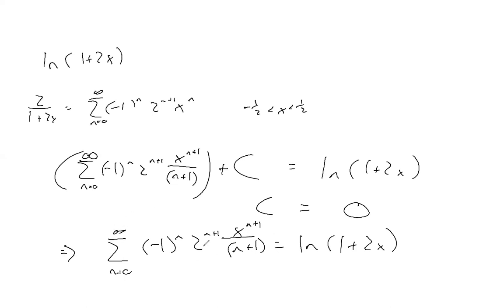Now, what is the radius of convergence, interval of convergence for this new power series? Well, I know the radius of convergence should be the same as the radius of convergence for this. The radius of convergence for this power series is 1/2. So the radius for my new power series is also 1/2. What's the interval of convergence? I would need to test the endpoints individually. I plug in negative 1/2, and it would be divergent.